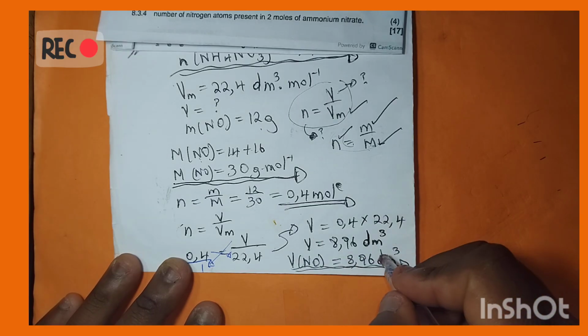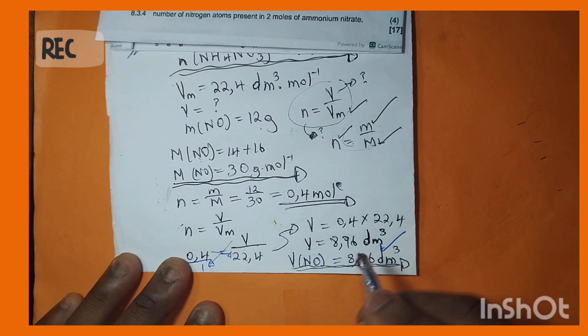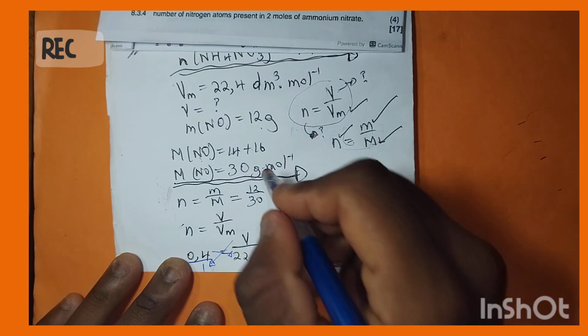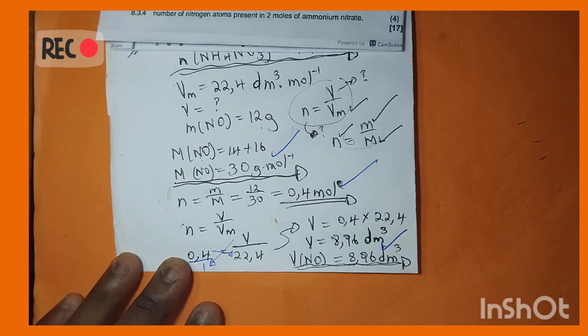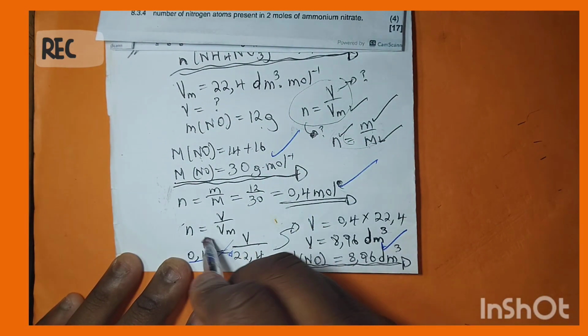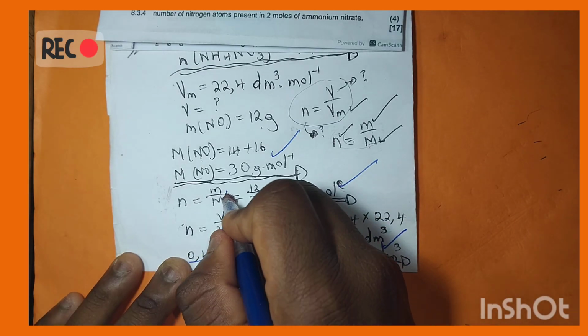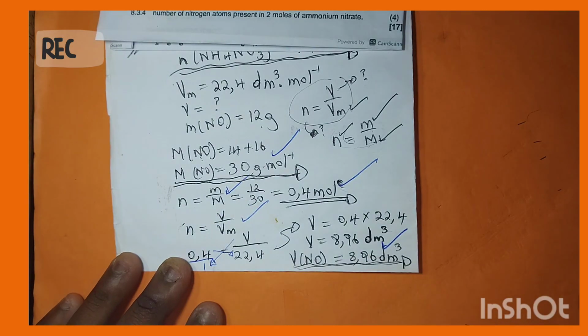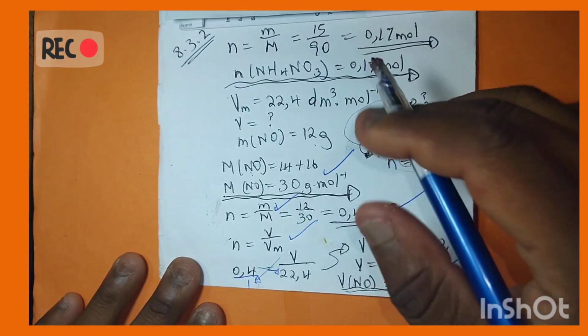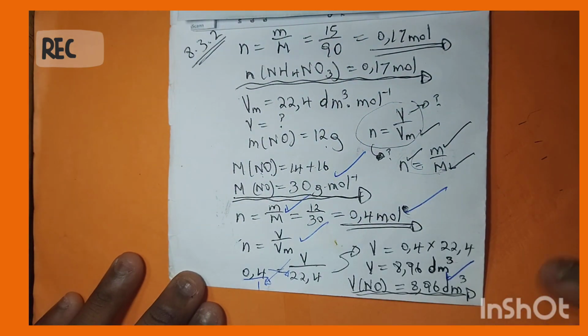The way they mark, this is the first answer, second answer, third answer, so 1, 2, 3, it's 3 marks, by using this equation. Do not panic, guys, when you see this question. These questions are not hard, they are straightforward.